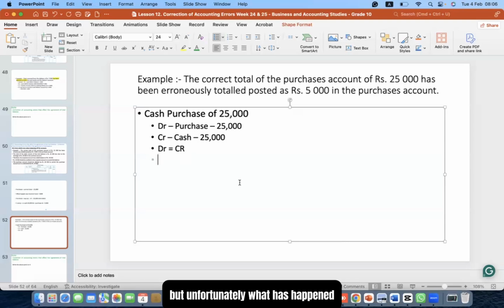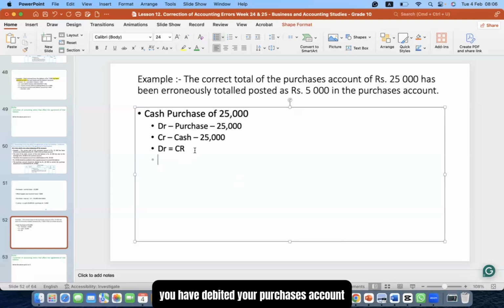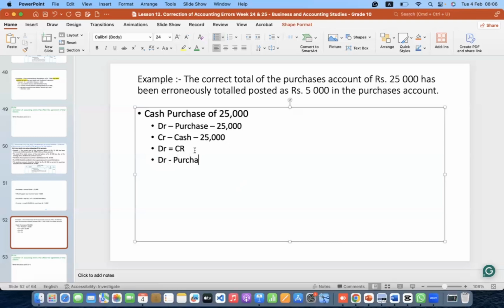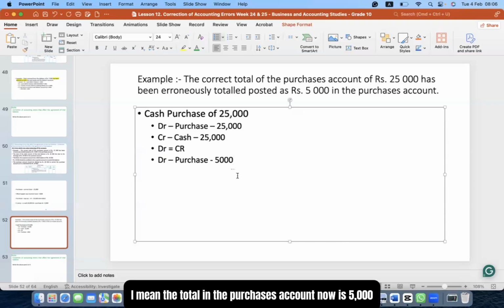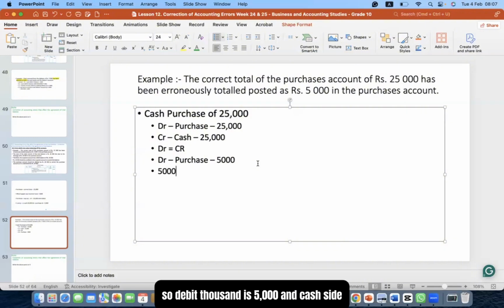But unfortunately, what has happened? You have debited your purchases account only by 5,000. I mean, the total in the purchases account now is 5,000. So the debit side is 5,000 and on the cash side you have 25,000 as usual.